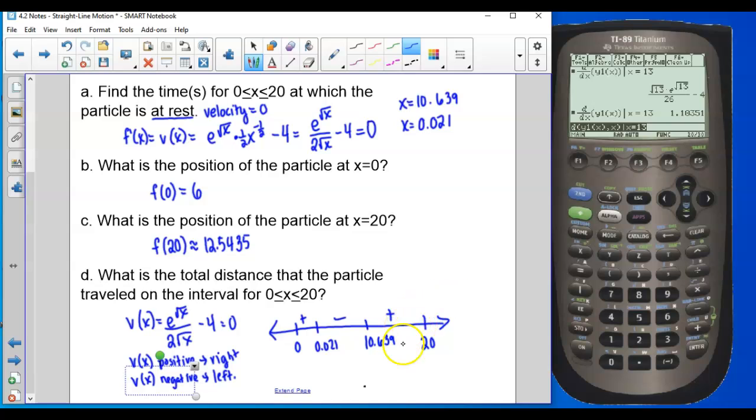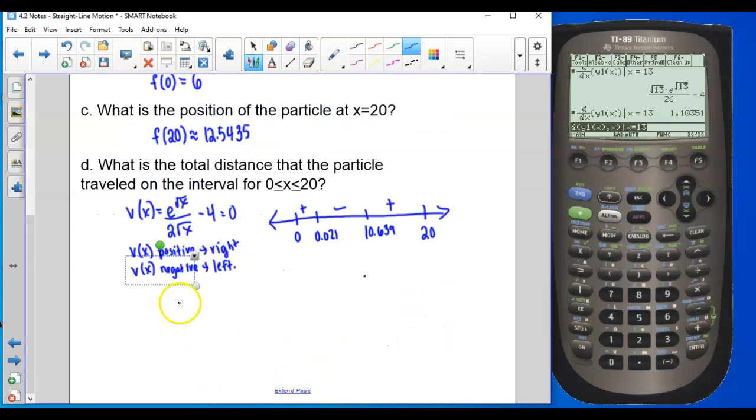So we know at 0, our position is 6. We've already found that. We know at 20, our position is 12.5435. What we need is our positions at 0.021 and 10.639.